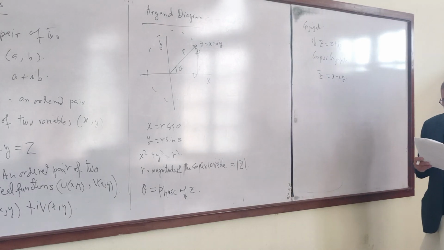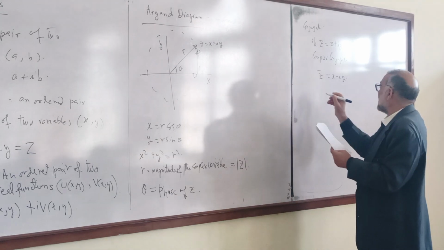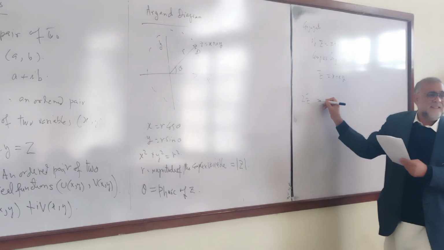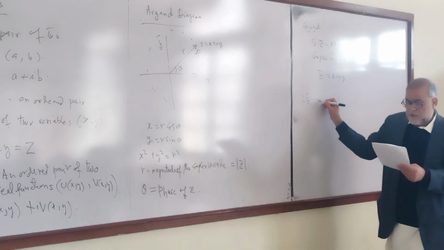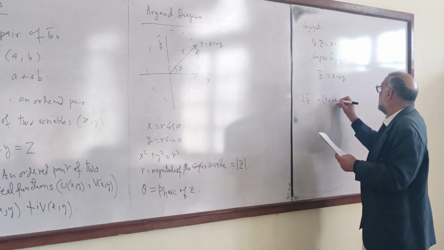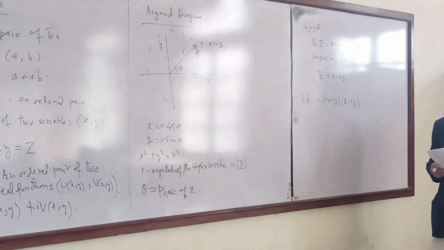The terminology was the Z Z bar product. Let us see the Z Z bar product. That would be x plus iy times x minus iy.